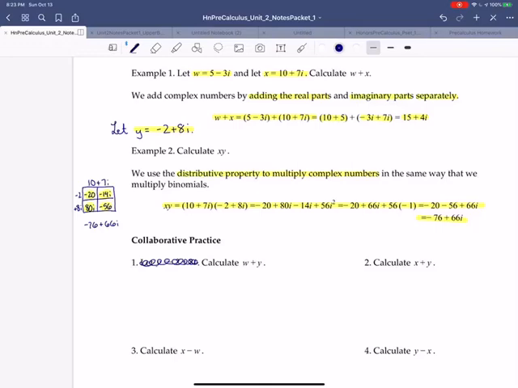So since we're wanting to add the complex numbers w plus y, we're adding 5 minus 3i plus negative 2 plus 8i. So we add the real parts, 5 and negative 2, to get 3. And we add the imaginary parts, negative 3i and 8i, to get 5i.